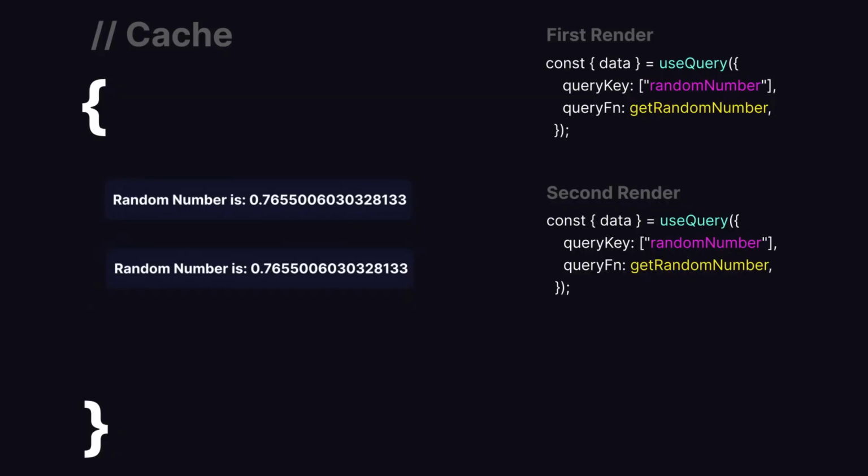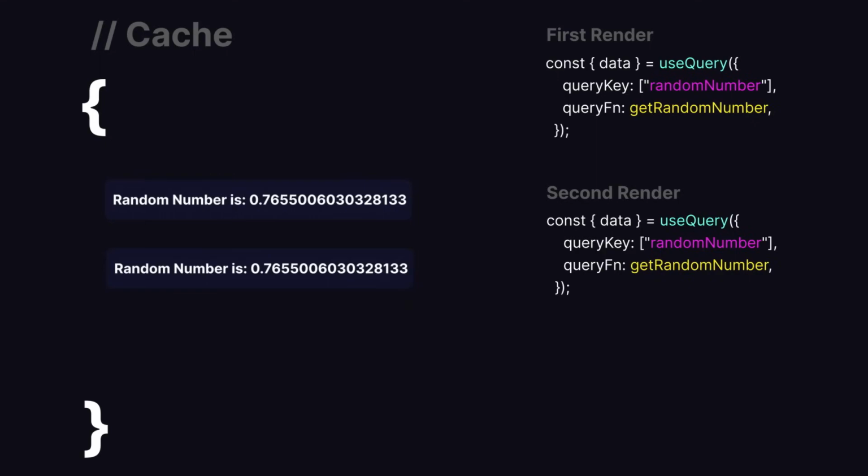And why is that? That's because we are now passing that random number as a query key to our useQuery. Which means if we already have some data available inside our cache, it's only going to give us that already available data. But if we specify some other key for our query key, then it's going to give us another random data.